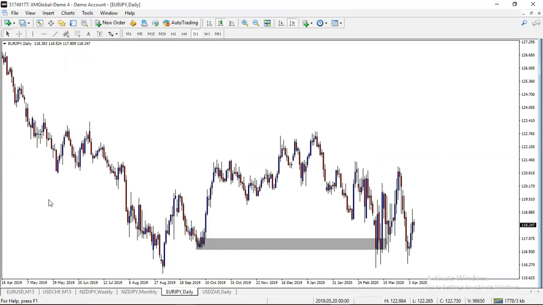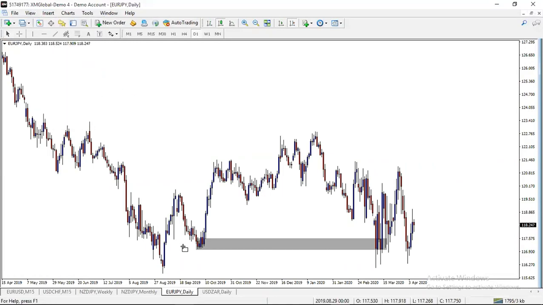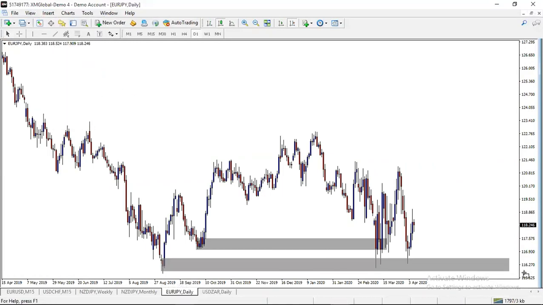If a support area is not respected, it doesn't necessarily mean that you are wrong. It can also mean that the sellers were still interested in selling, or you didn't have enough buyers to buy at that price. So you mustn't be emotional about it. Let's say you have something like this.